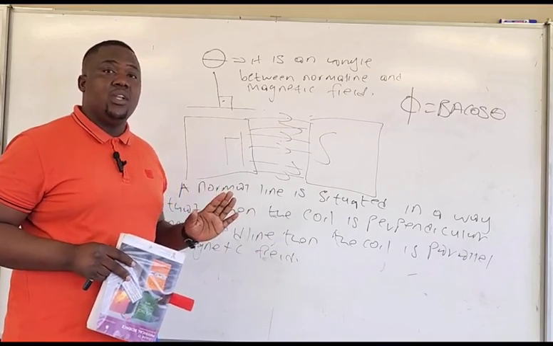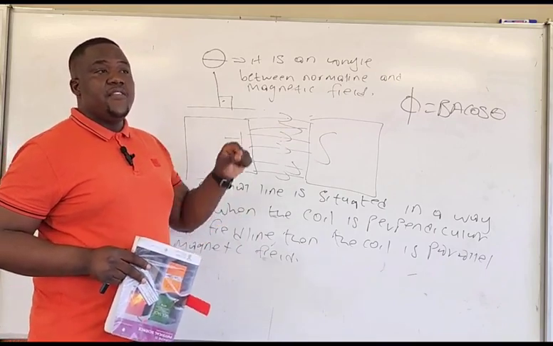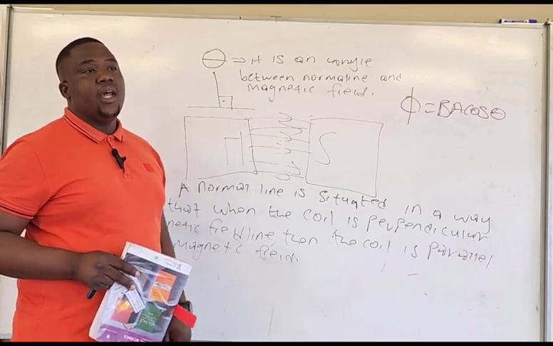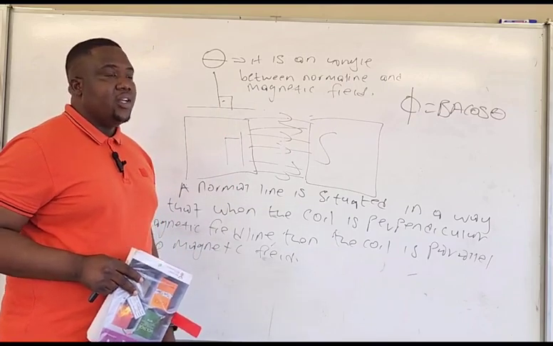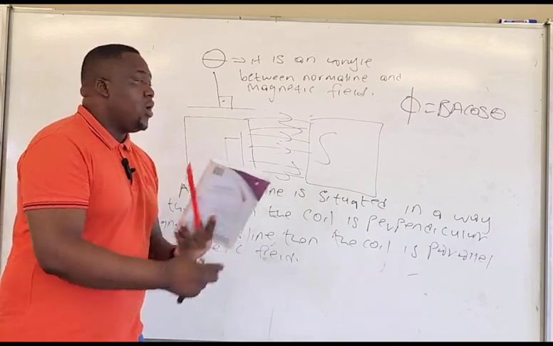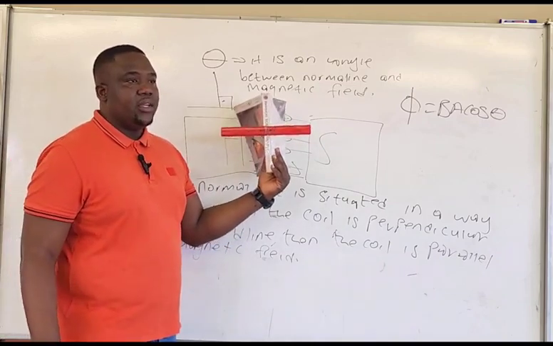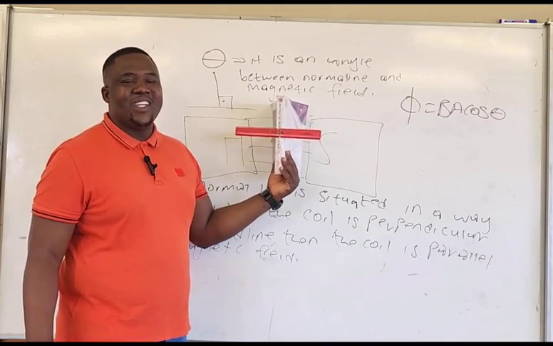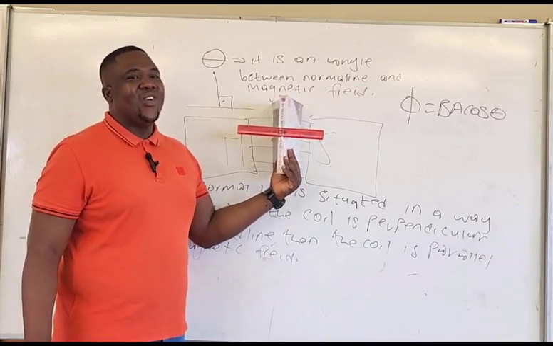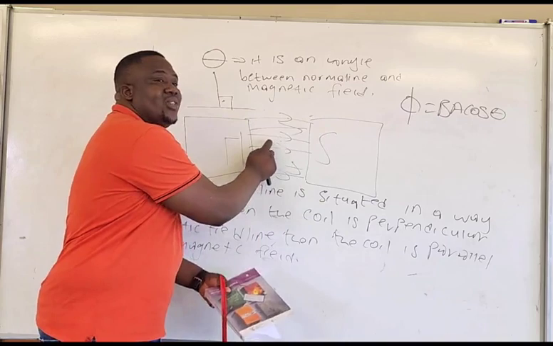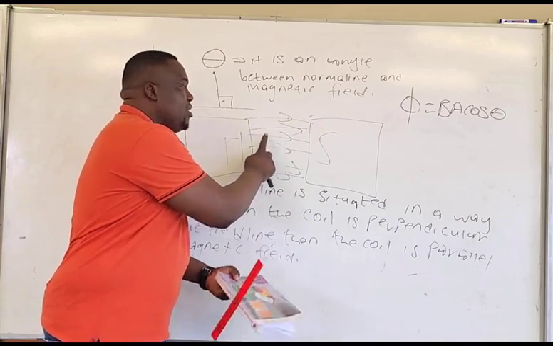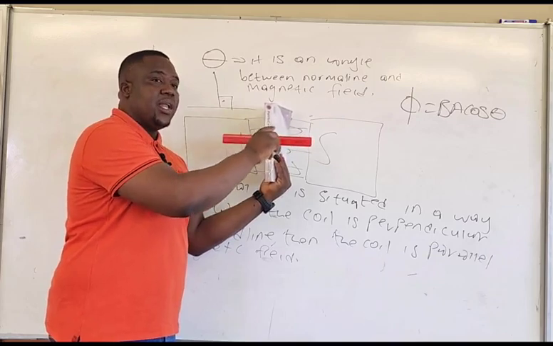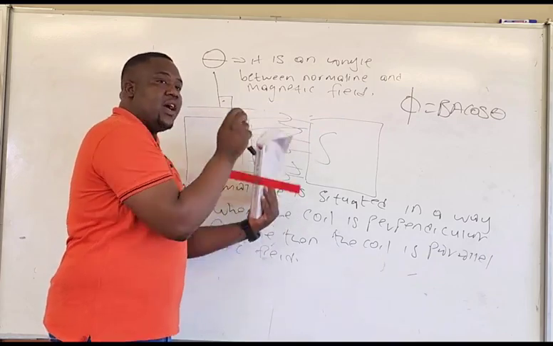Sometimes in the question, they will ask you that the normal line is horizontal, or the normal line is parallel to the magnetic field line. So when they talk about the coil, they will tell you that the coil is parallel to the magnetic field. That should tell you about the normal line, because you are able to know the position of the normal line by knowing the position of a coil.